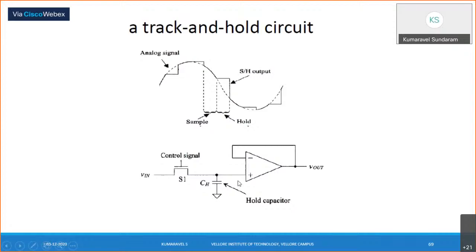It will be holding the charges till the signal is converted into a digital signal. That is the reason we are connecting an op-amp. If there is no op-amp, the charge may get discharged from the capacitor. To overcome that, we are connecting an op-amp in unity configuration.